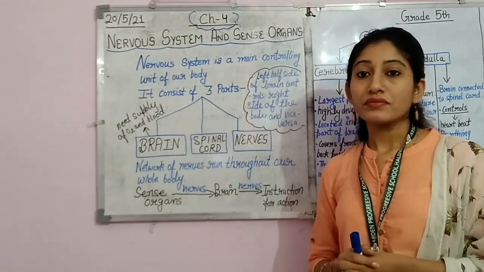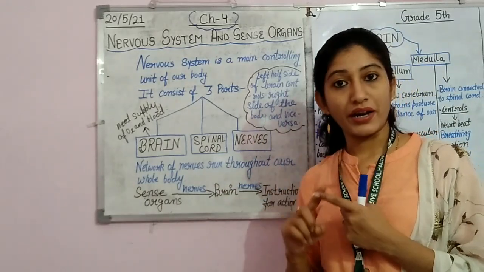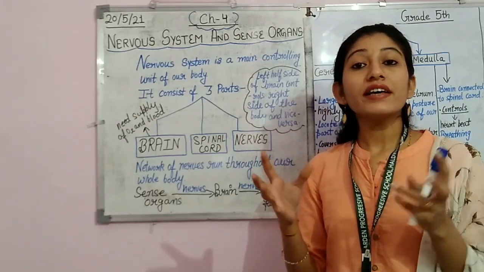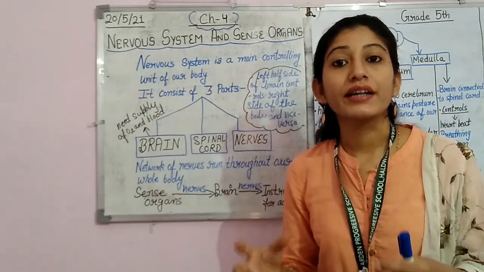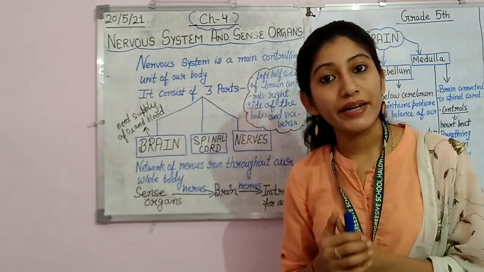Now students, see that the nervous system includes the brain, the spinal cord and the nerves, and when these 3 function together, then our body is able to work properly.